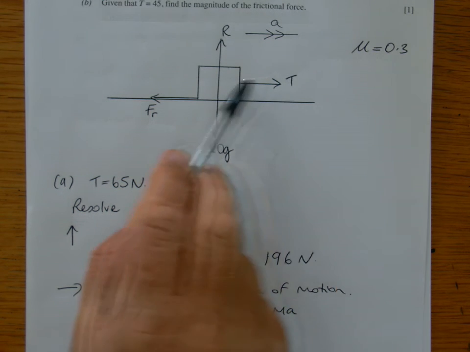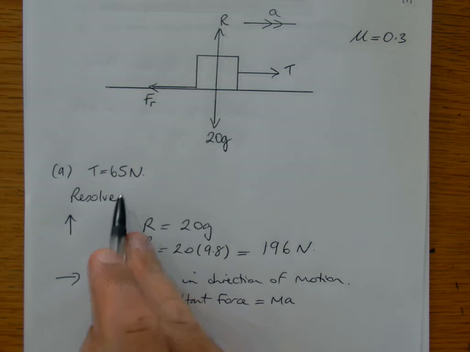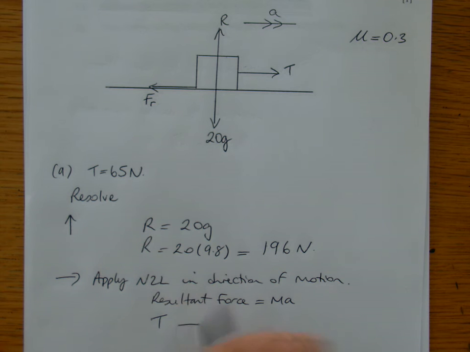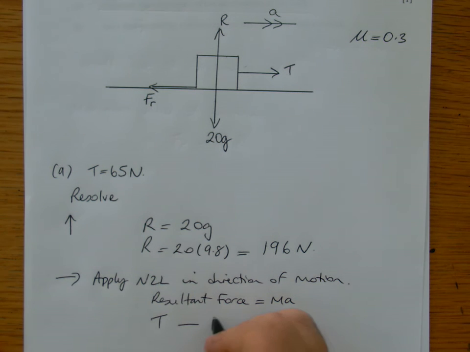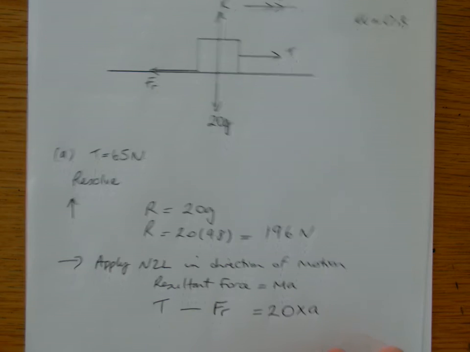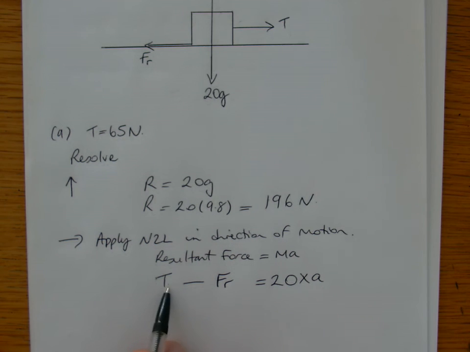So we've got the forward force T. We'll write T first, and put 65 in the next line, because that's what it is for part A. Take away the resistance, which is the friction, and that equals the mass, 20 kilograms, times A, which is what we want to work out.